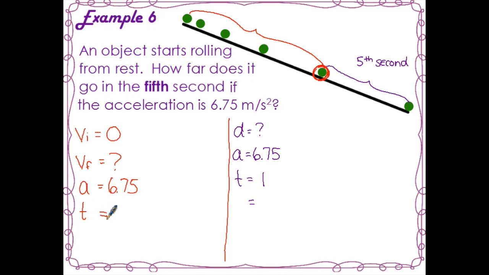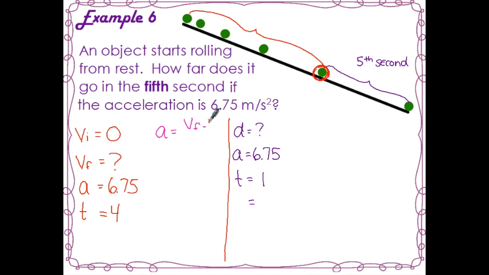And the time for that problem, 1, 2, 3, 4 seconds. I just pick an equation. I'm looking for V final, but the VF squared equation is not going to work because I don't have D in my list. I'm looking for the equation that has these 4 and only these 4. It's going to be the first one, the acceleration equation.